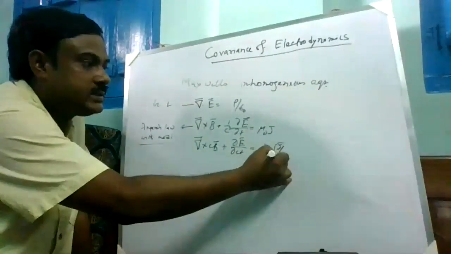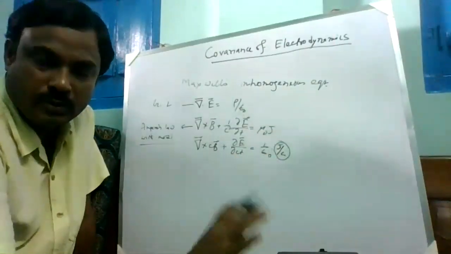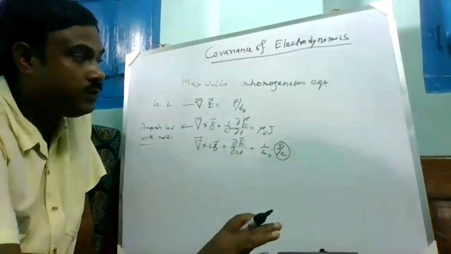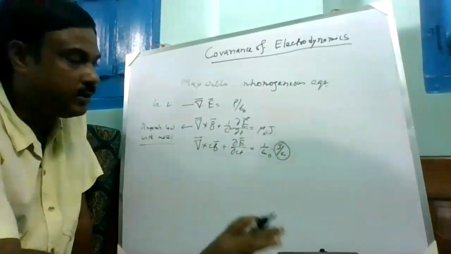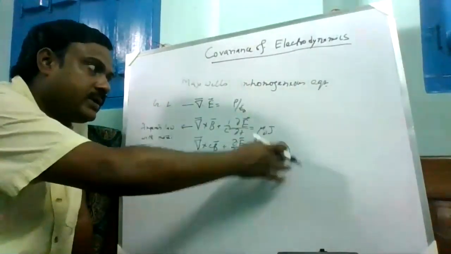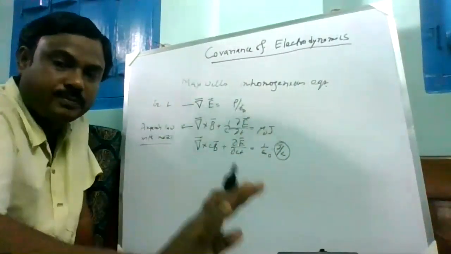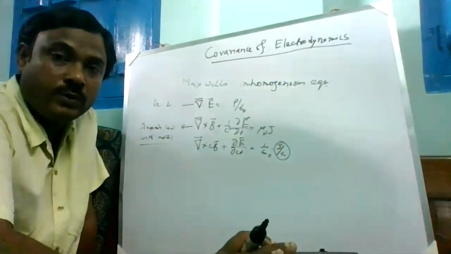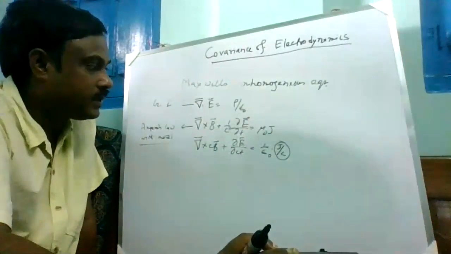Now, you know, these are components of the 4 charge density or current density. So you see that the right hand side of this equation represents indeed the 4 current density.